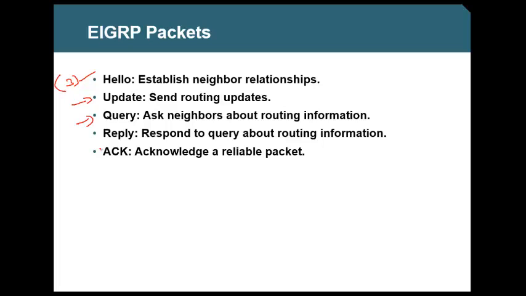And the response to the query is called a reply. For the update, an acknowledgement will be sent. When a query is received, an acknowledgement will be sent. When a reply is received, an acknowledgement will be sent to the one who responded.